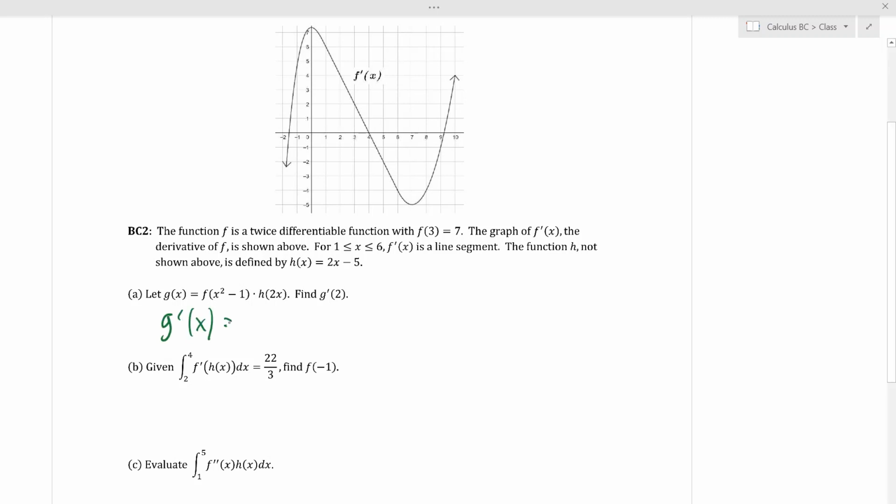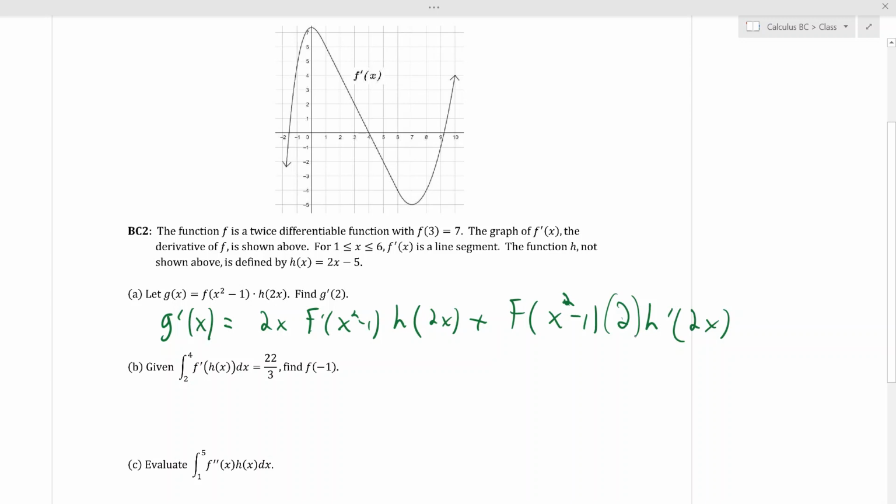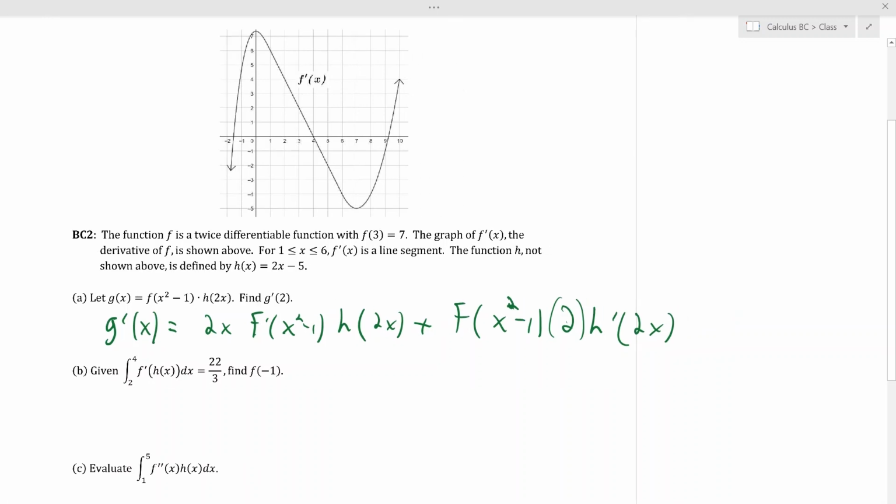So g prime of x happens to be 2x f prime of x squared minus 1. That's the derivative of the first thing times h of 2x, plus, leave the first function, x squared minus 1, f of x squared minus 1. Derive the second. That's 2h prime 2x. And we want to evaluate that at 2.